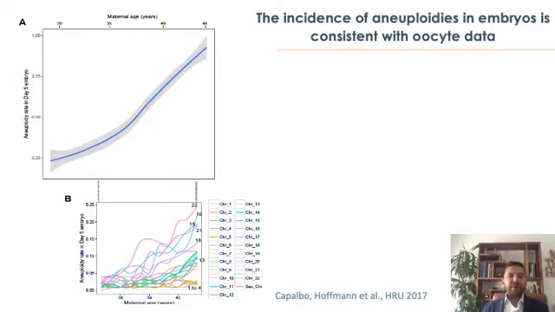Similar findings have also been observed in human embryo samples at the blastocyst stage, where, as you can see in this figure, aneuploidies can range between 20 and 80-90%, further confirming that aneuploidies in embryos are primarily inherited and derived from aneuploidies that originate during female meiosis.